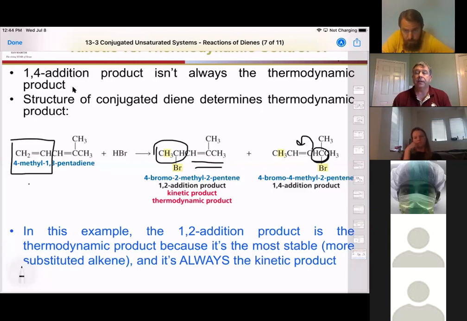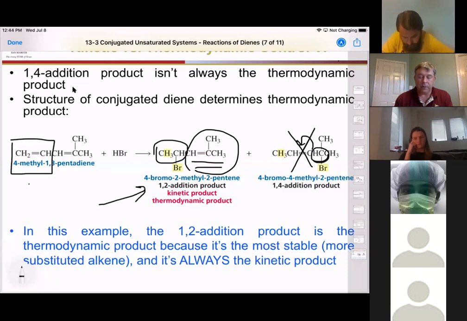We're losing stability. Our tri-substituted is more stable than our disubstituted. Therefore, this is not the thermodynamic product. The more substituted alkene is the thermodynamic product. Therefore, this is both the kinetic product and the thermodynamic product.